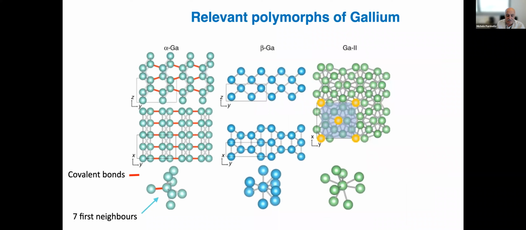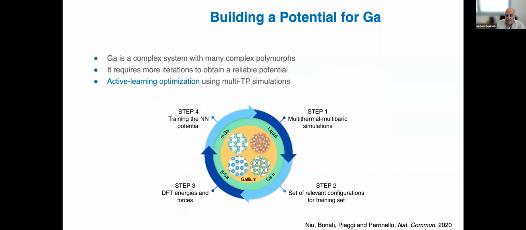As I said, these are the polymorphs. You see, one has even 7 neighbors, which is an oddity, beta and gamma. And the construction of the neural network potential is a bit elaborate, and we had to go to parallel self-consistent cycles.